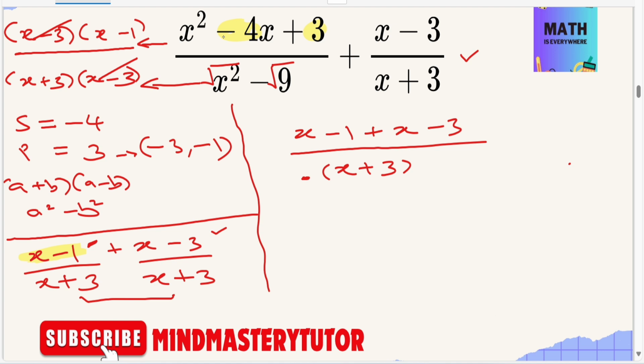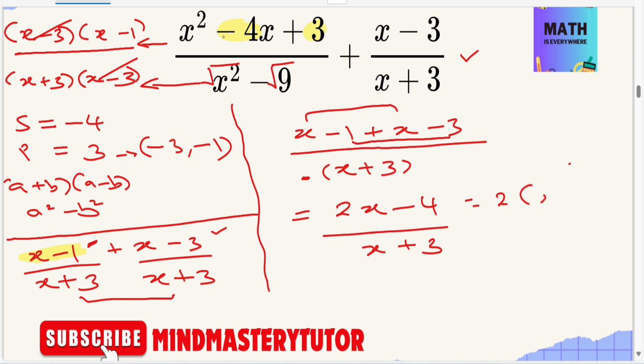Zote kwa maana denominator zote ziko sawa. So you just collect the like terms, so x plus x ni 2x, minus 1 minus 3 ni minus 4. So you over x plus 3. Sawa.